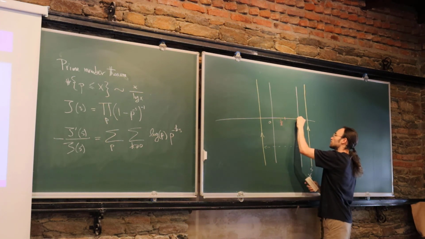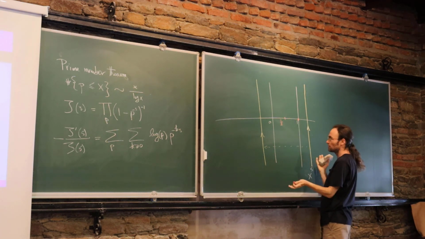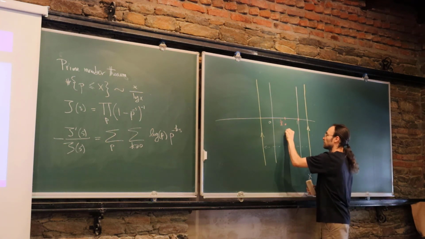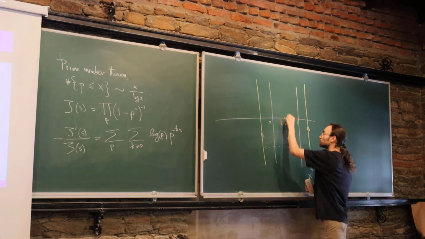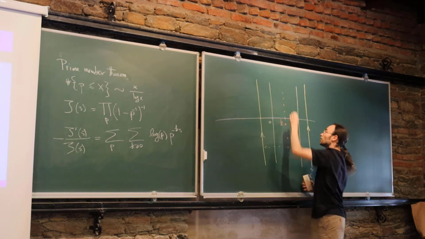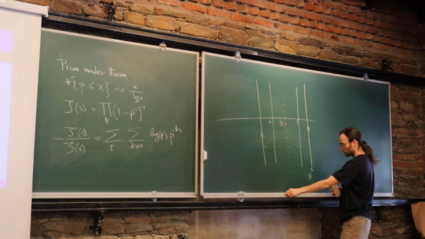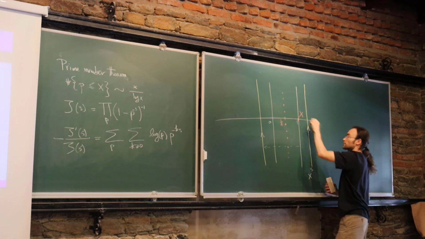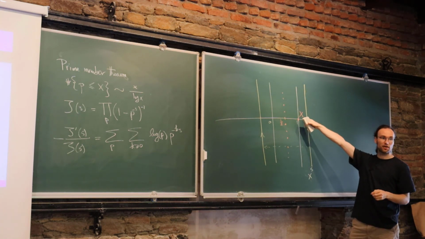There's a pole at s equals 1, and then depending on whether you assume GRH or not, the poles are somewhere. If you assume GRH, the poles are here. When you pass this, you pick up a term in x. That's the term you would like to have.